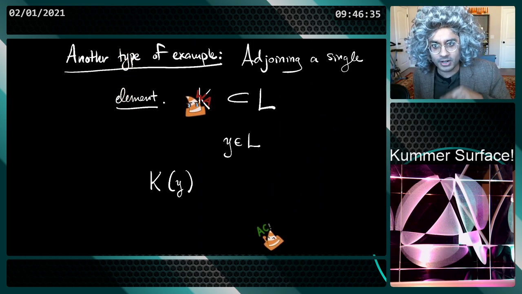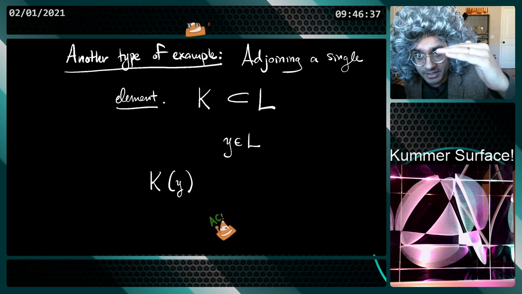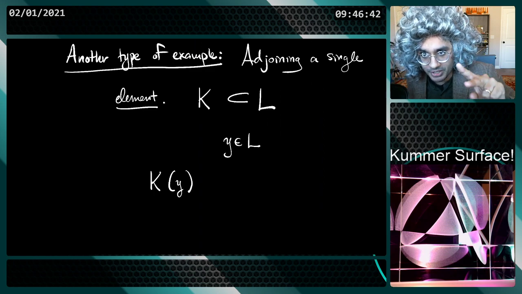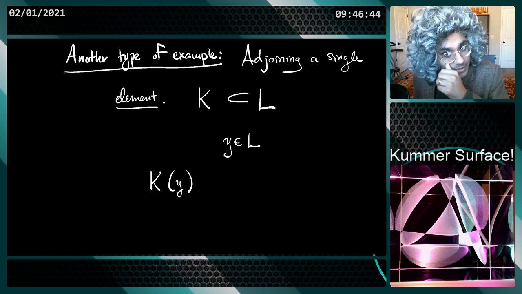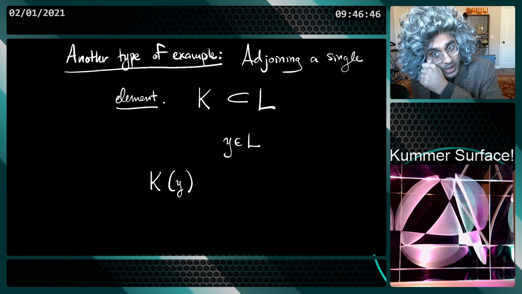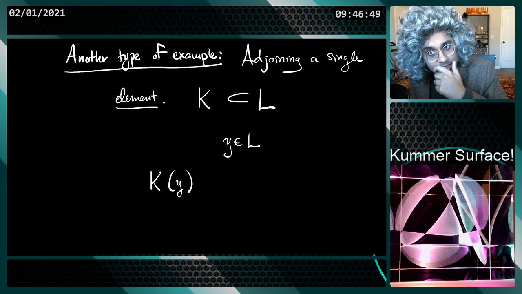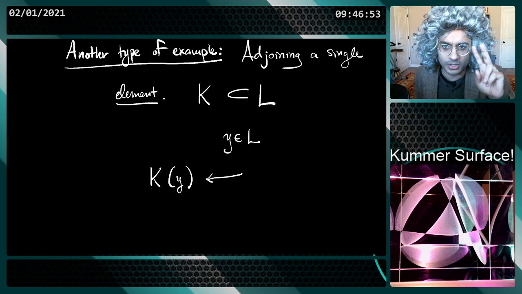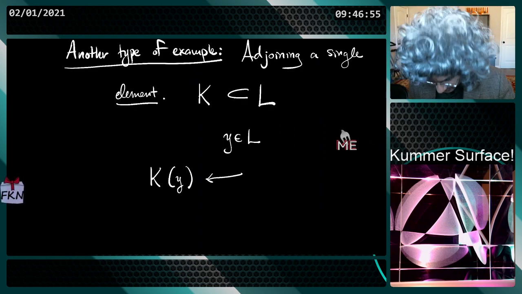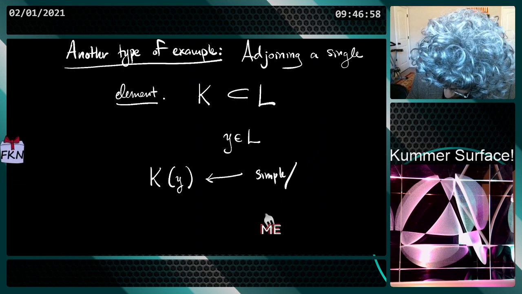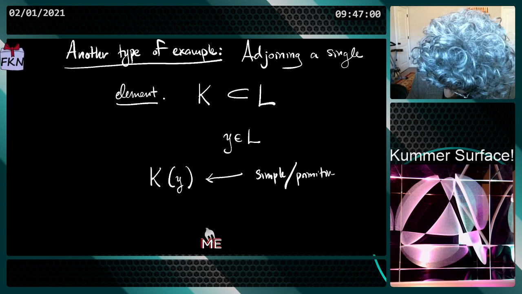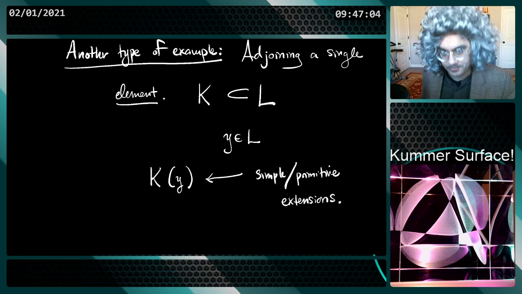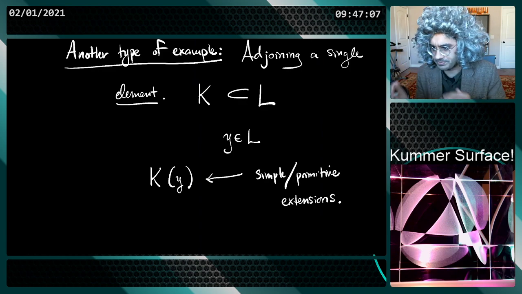These kinds of fields are called primitive or simple extensions. I prefer primitive. The book uses simple. And you'll understand why I prefer primitive later. Let's call it both, simple/primitive. Just adjoin a single number.